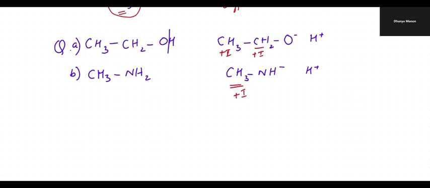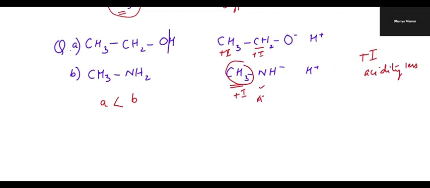So A is less acidic than B, because if I have a plus I effect group, the acidity is less. Okay, and in the second one, I have only 1 plus I effect group. So that means the A minus ion is more stable, right?